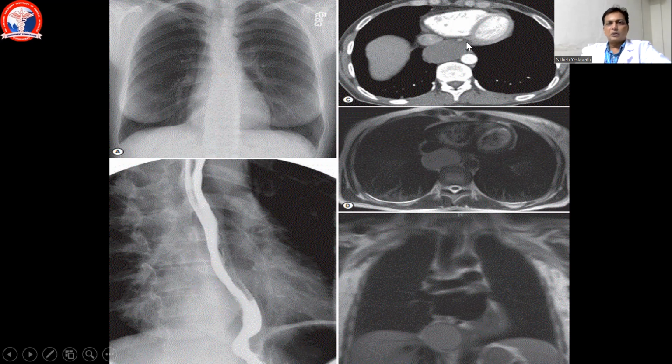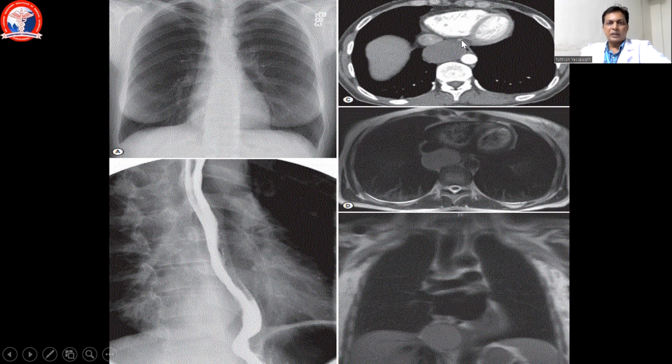On cross-sectional imaging, the first image is a contrast enhanced CT scan. Here it is a well-defined fluid density non-enhancing lesion. The esophagus is displaced to the left side.